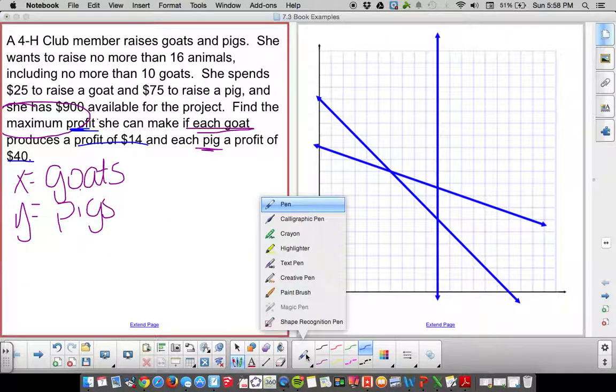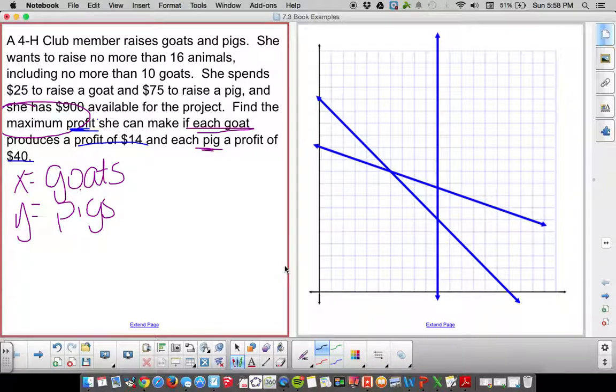Let me use my text pen. Okay, I'm trying to maximize my profit, and my profit of each is $14 for each goat and $40 for each pig.